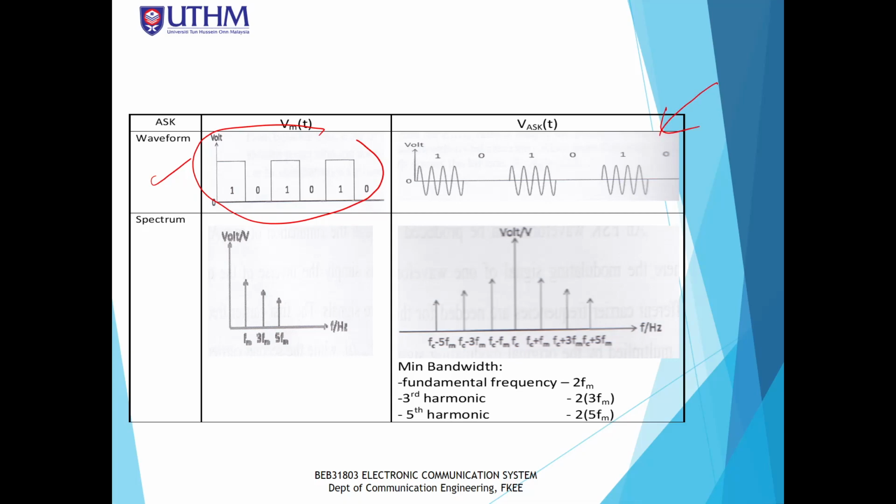What about if we look at the spectrum? We can find the bandwidth. The bandwidth of ASK is 2 times the maximum input frequency.